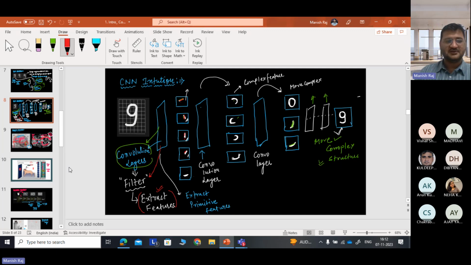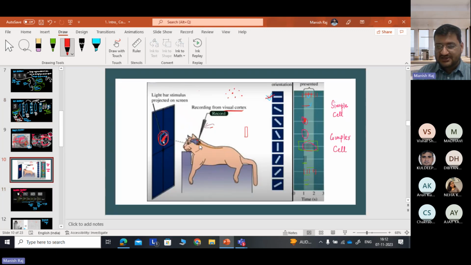Okay, because that cat can see the rotation of the bar, but when I am touching at one position, only one type of signal is generated. So they want to use this type of structure. Okay, so the origin of CNN comes from this experiment. Okay, so the experiment is clear, what is happening.